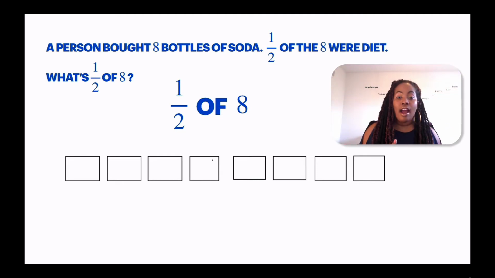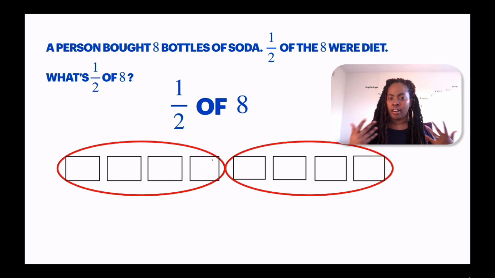Now the way we have to look at it is, what is half of 8? And we know what half really means. That really means split it up into 2 equal parts, right? So we have to have equal amounts in each part. And it has to be even. So if we were to circle the even parts, then this is what it would look like.